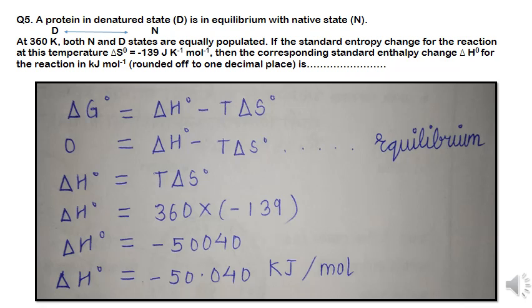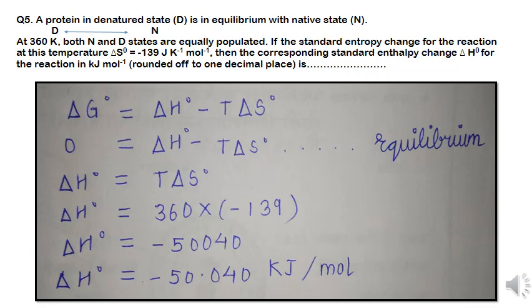So you have your entropy, you have the temperature, and it has been mentioned that the reaction is in equilibrium. So the one equation which relates these four quantities is delta G is equal to delta H minus T delta S. Here T is the temperature, delta S is the entropy, delta H is the enthalpy, and delta G is the standard free energy change.